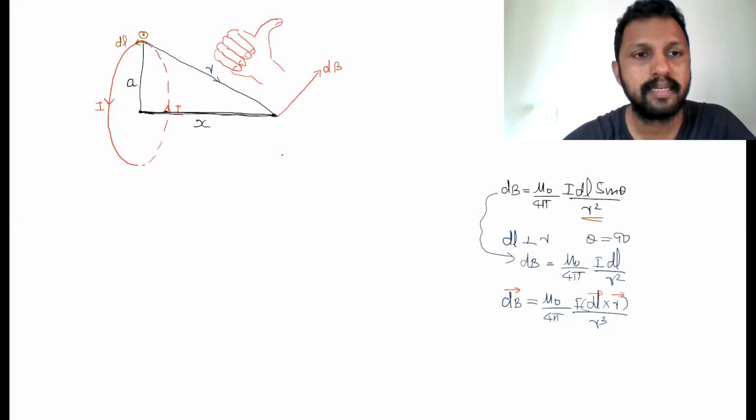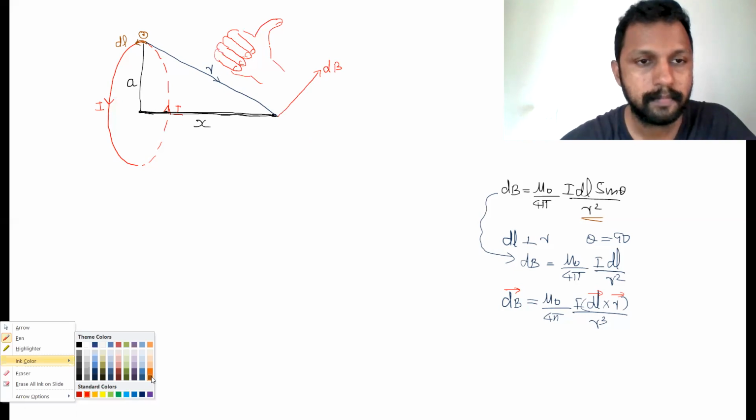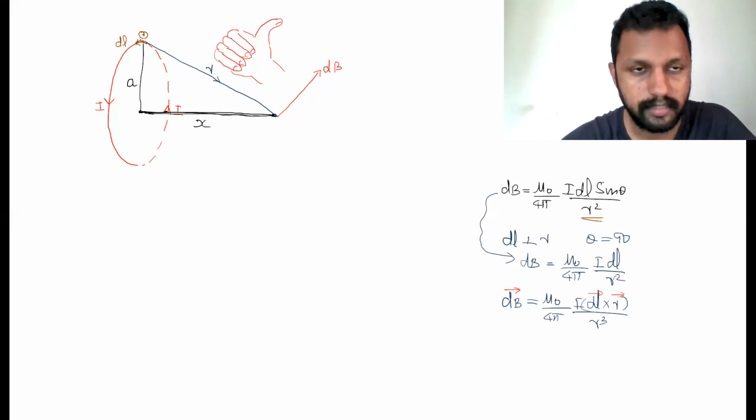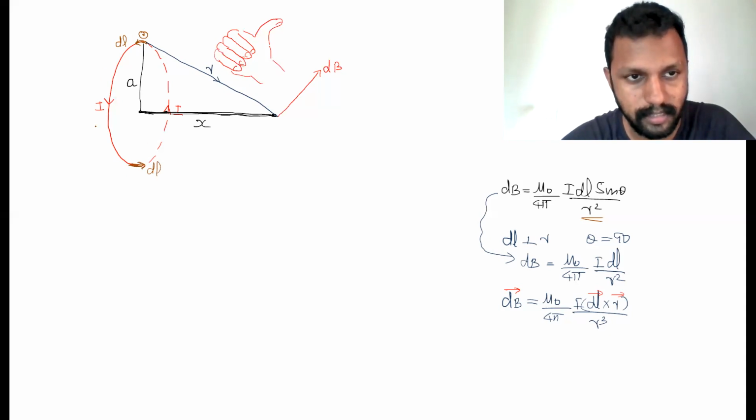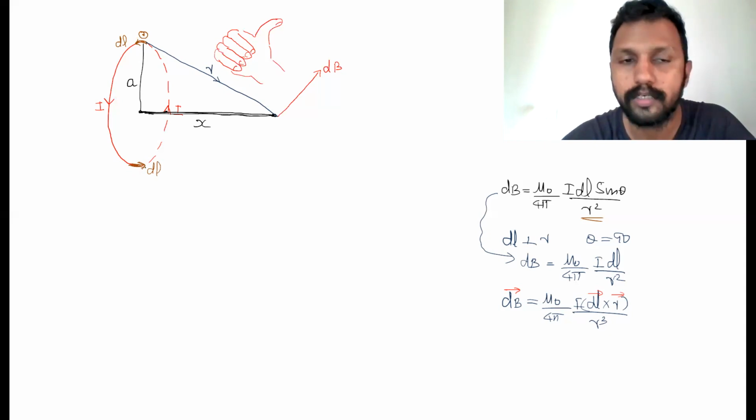Okay. Then, in a similar manner, if you are considering a dl at the extreme opposite end, the direction of dl over here is outwards, which means that in this region the direction of dl is actually inwards.